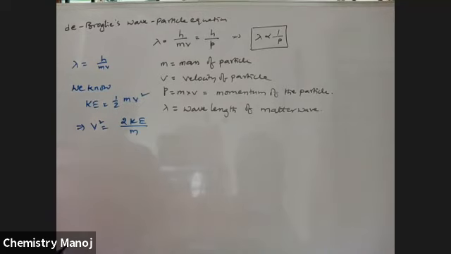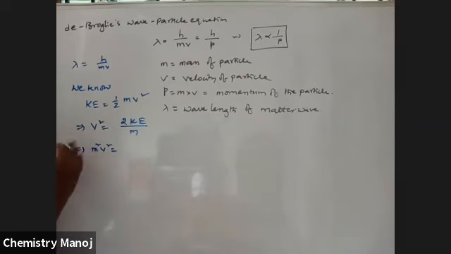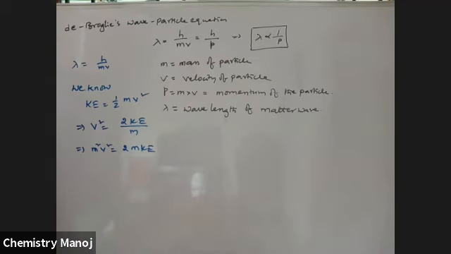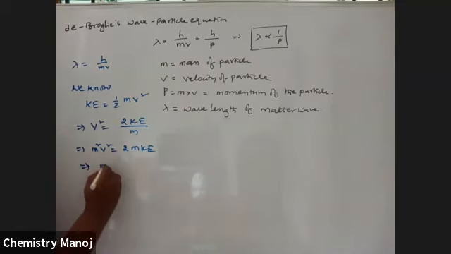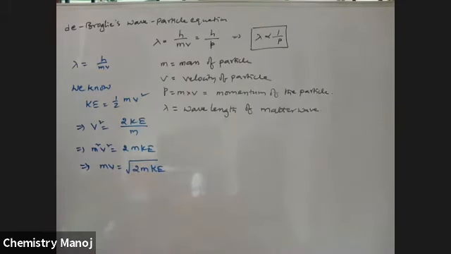Multiplying both sides by m square, m square v square is equal to 2m KE. That implies m into v is equal to root 2m KE.